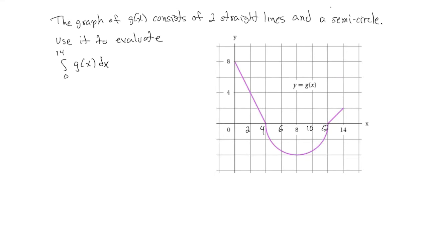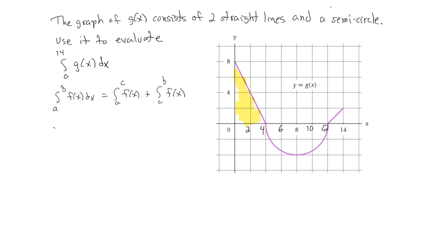Remember, we had that formula for integrals that said we could go from a to b of f of x, and we could write that as the integral from a to c plus the integral from c to b. So we could split up our integration at any point within the interval from a to b, and I'm going to do that in this case. In other words, I'm going to integrate from 0 to 4 and find the area under the first piece of that curve.